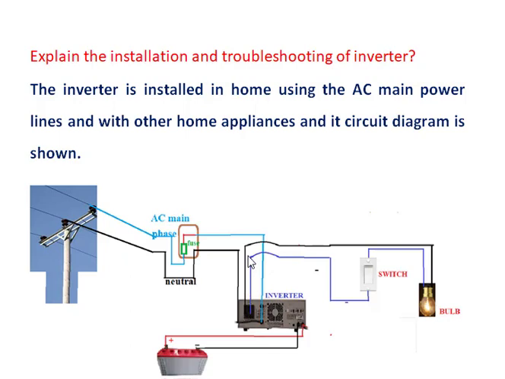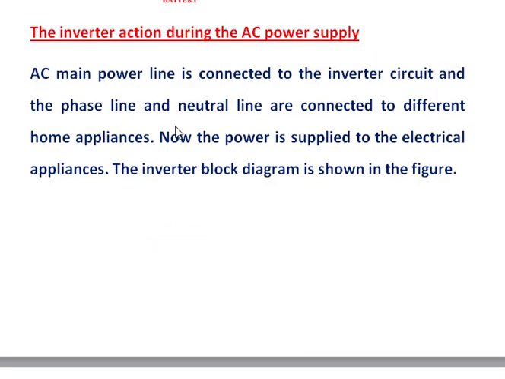Otherwise, the AC main line directly goes to the home appliances. Already I told you the AC main power line is connected to the inverter circuit, and the phase line and neutral line are connected to different home appliances.